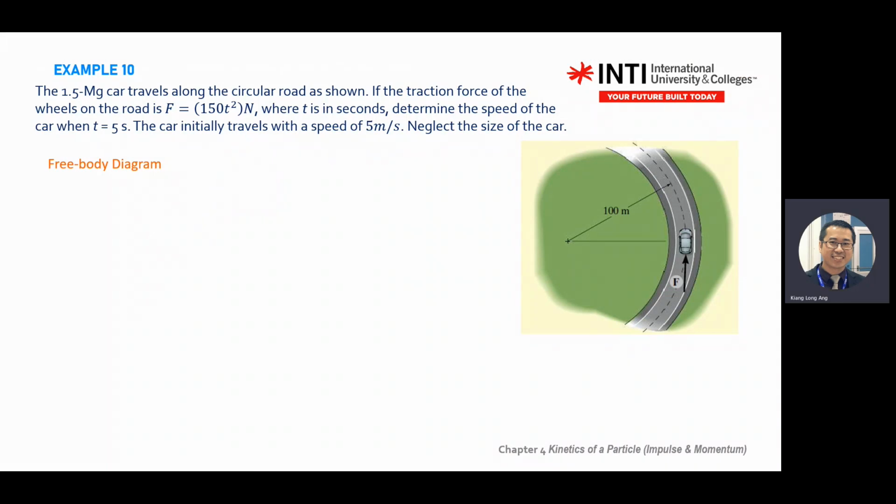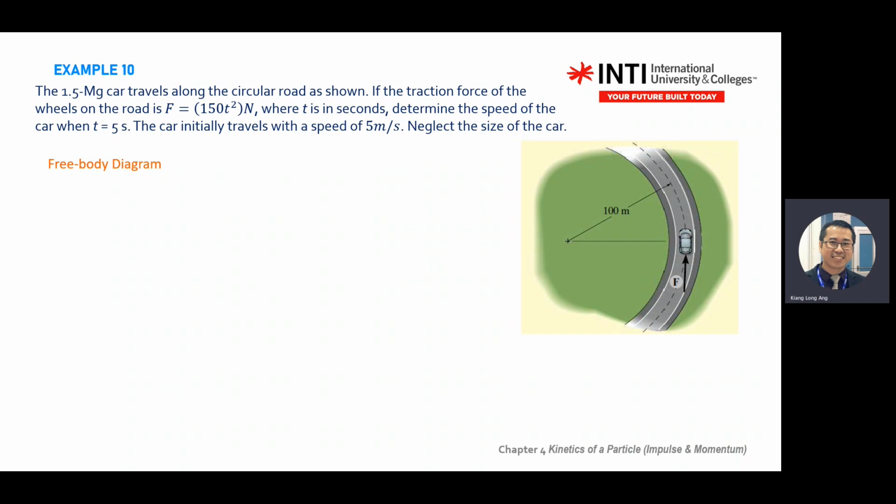Okay, let's look at example 10. Again, before you solve the question, you look at the question. You can see whether this is a linear form or collinear form. So this one is a collinear form, right? So in collinear form, you have the force there, it will create a normal and tangent reaction.